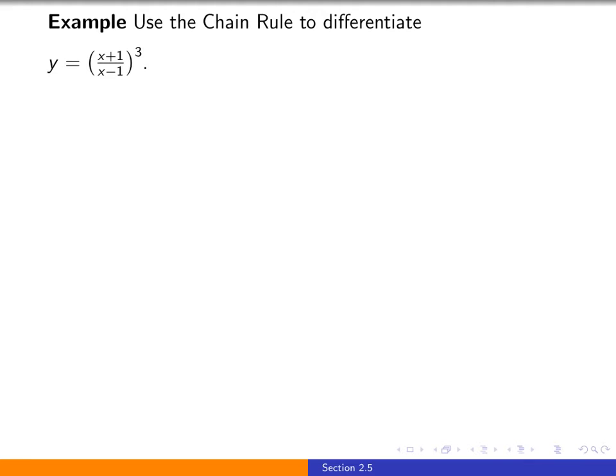Let's look at one more example of differentiating with the chain rule. So in this problem, we can maybe see our inside function, g of x, would be playing the role of x plus 1 over x minus 1, and then the outside function is just the cubing function, so x cubed.